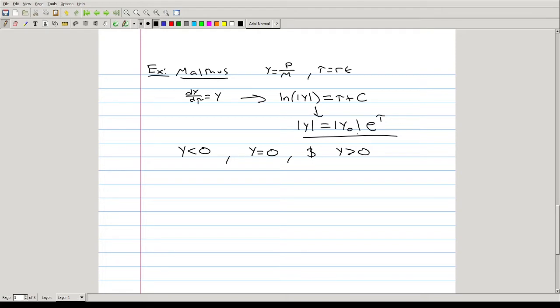Right? This equation right here is satisfied if y is less than 0. It's the equation y is equal to negative absolute value of y naught e to the tau. Well, if y equals 0, which is constant at 0, and if y is positive, we have the solution y is equal to positive absolute value of y naught e to the tau.